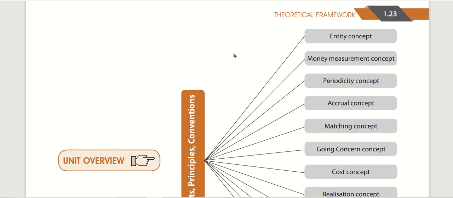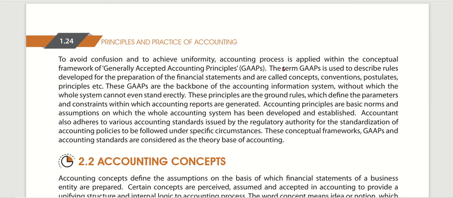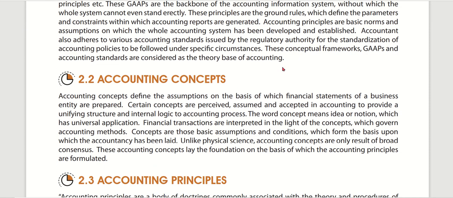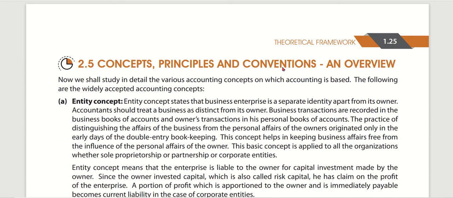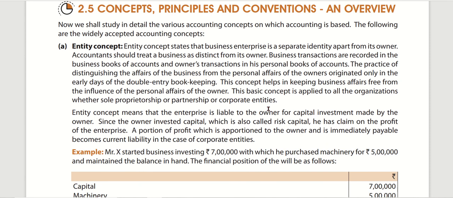Okay. Now let us, for example, pick up the very first one, the entity concept. We all know that entity concept, which is explained in your study material over here, means that the owner and the business transactions must be kept separate. Correct?